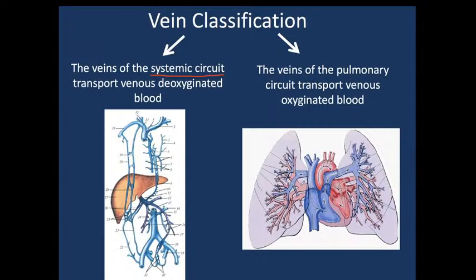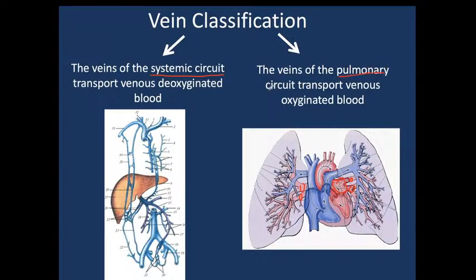Here are visible pulmonary veins 1, 2, 3, and 4. Usually, every lung has two pulmonary veins, and all of the pulmonary veins come into the left atrium. This is the end point of the pulmonary circuit.